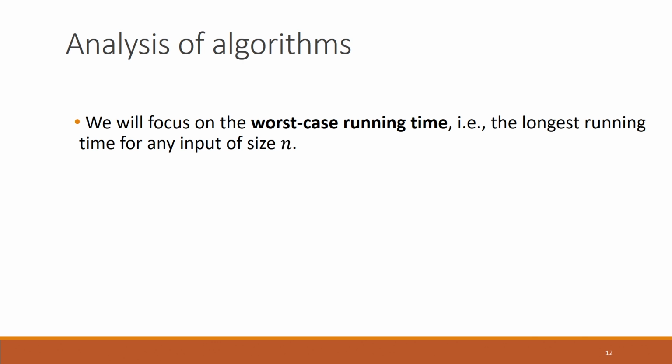One more very important thing is that we will focus on the worst case running time here, that is the longest running time for any input of size n. Given a problem that has size n, we want to come up with an expression for the number of operations it takes to run that algorithm in the worst case scenario.